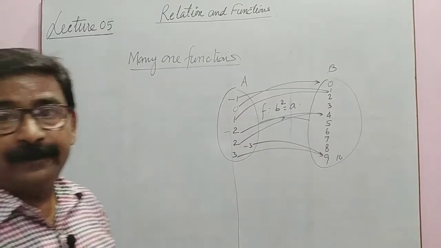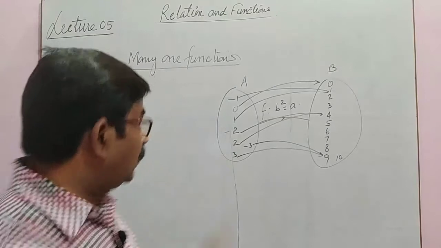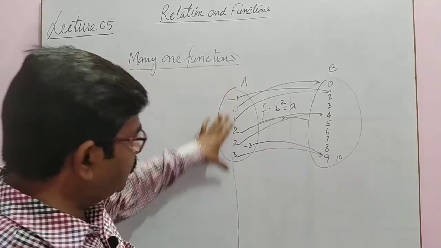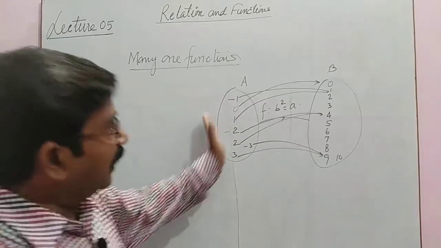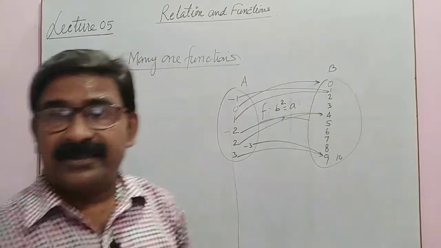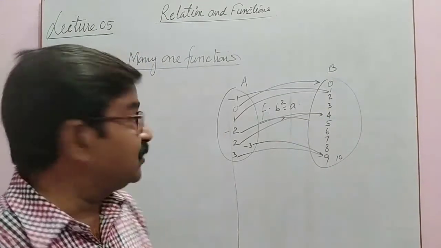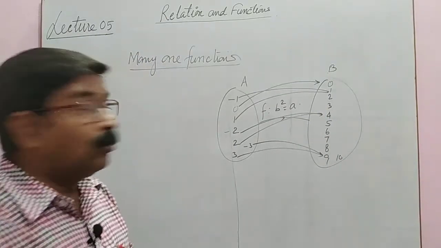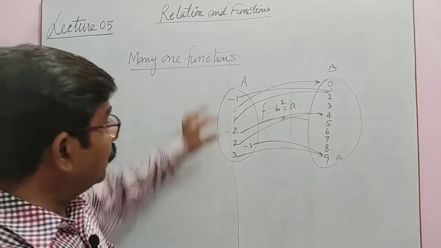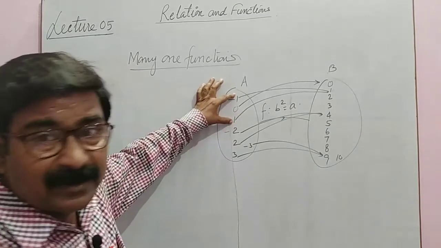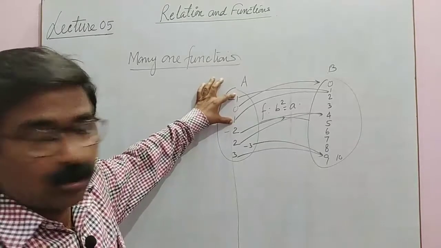Try to understand. Here all the elements of the first set, the pre-images, have images in the second set. So why is it called many-one? Because many means more than one.